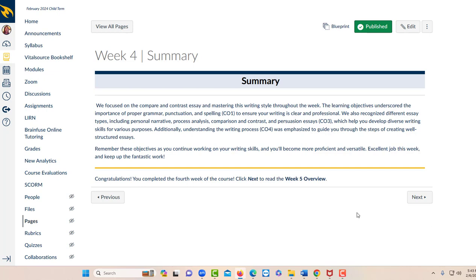Understanding the writing process was emphasized to guide you through the steps of writing well-structured essays. Remember these objectives as you continue working on your writing skills, and you'll become more proficient and versatile. Excellent job this week, and keep up the fantastic work.